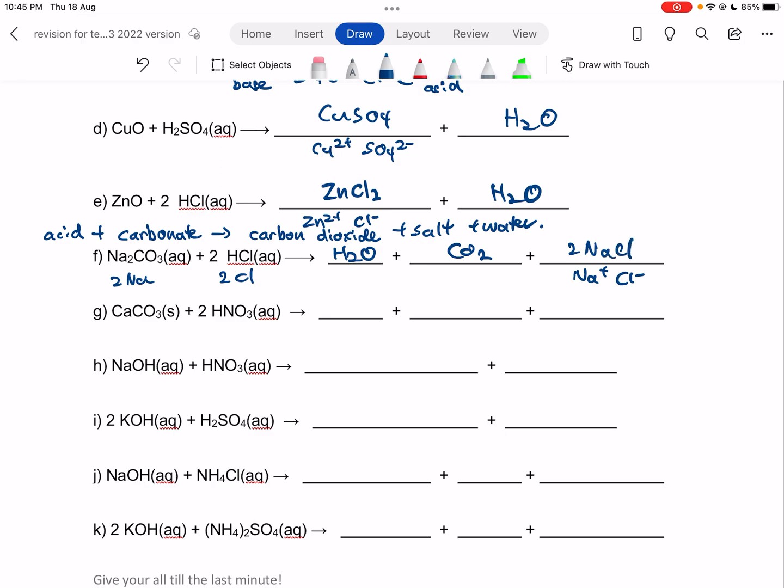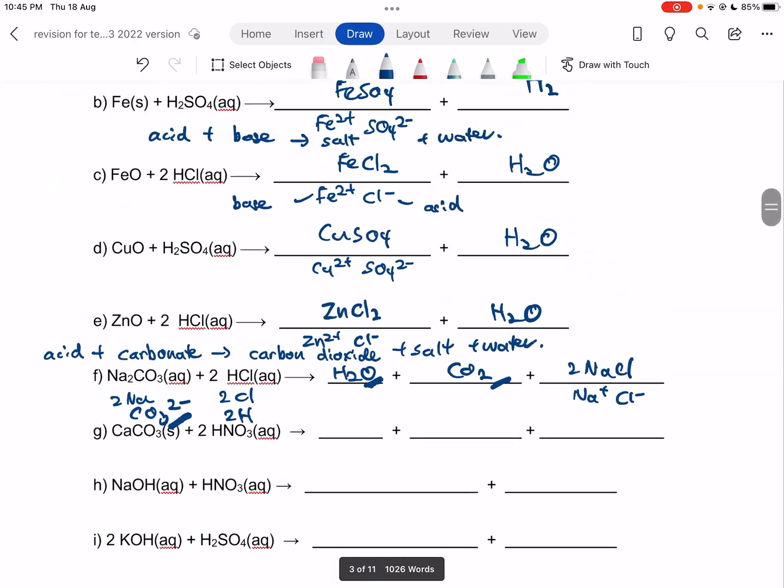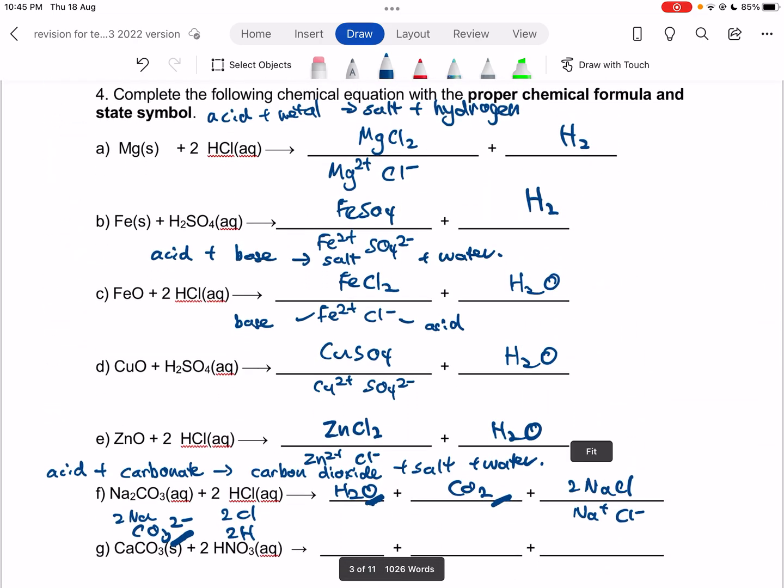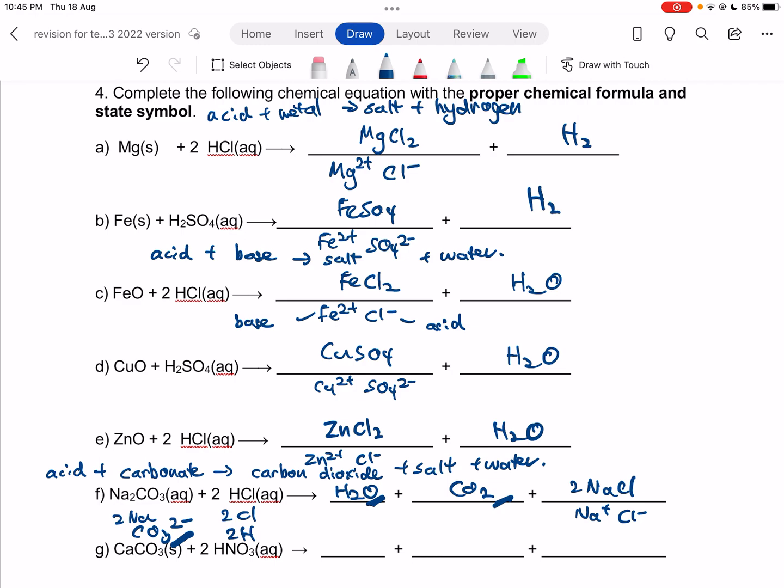Before I can balance, from here you have 2H which is also balanced, and then I tell you to look at carbonate as a whole thing. So CO3 becomes CO2 so the remaining oxygen goes under the H2O. Next thing, wow, this one needs state symbols.